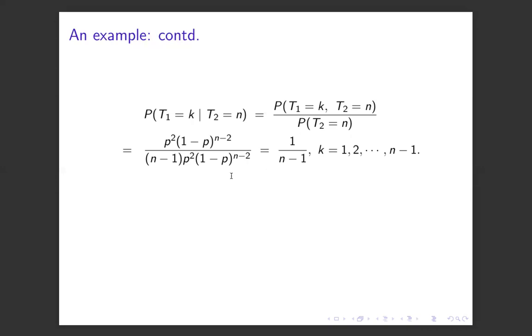Then you will find that this is precisely 1 divided by N minus 1 for K running from 1 up to N minus 1.